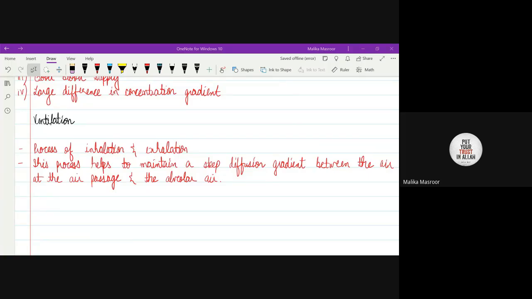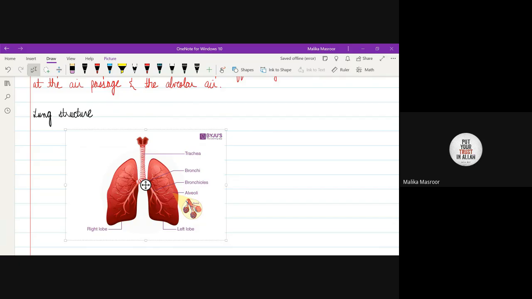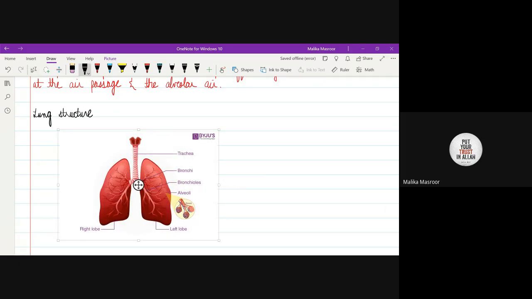Let's discuss now your lung structure. Look, this is your lung structure. At the top, you have your epiglottis, it's not labeled.